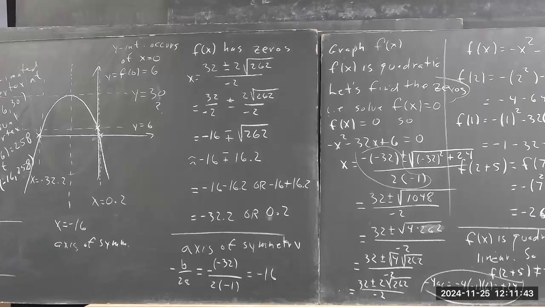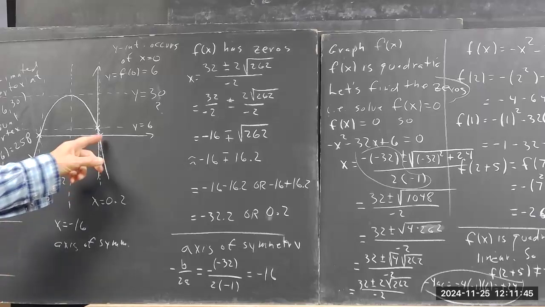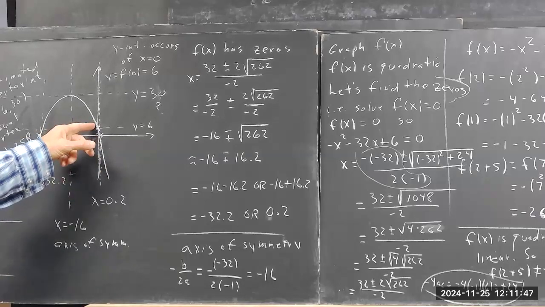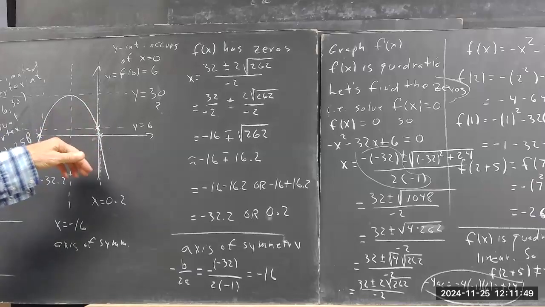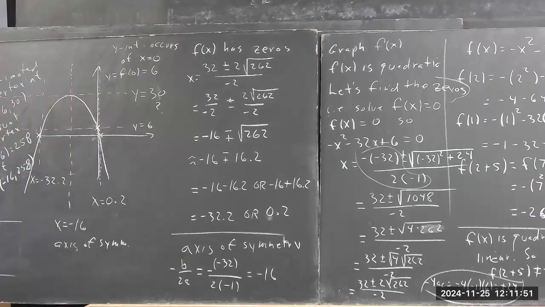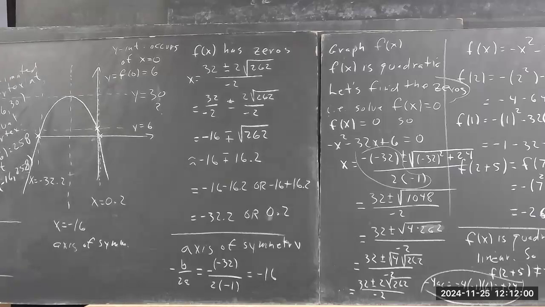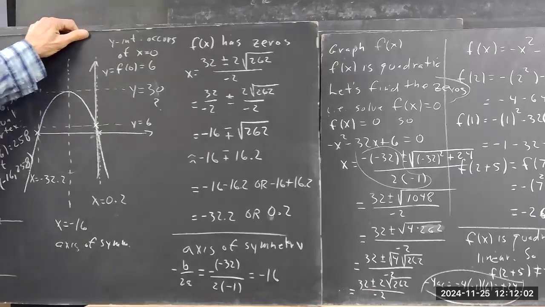Okay? If this point wasn't so close to the y-intercept or to the y-axis, it would be easier to get a good estimate. In this case, it's really hard. And some of this is not visible.